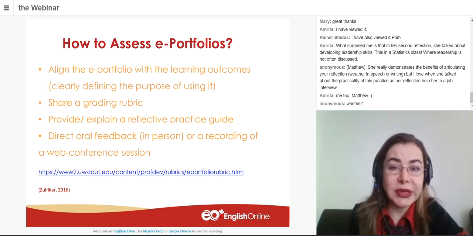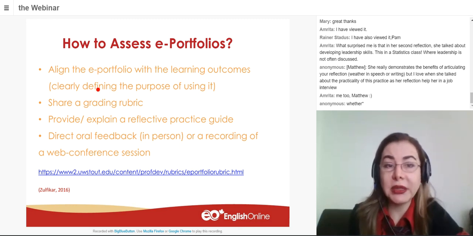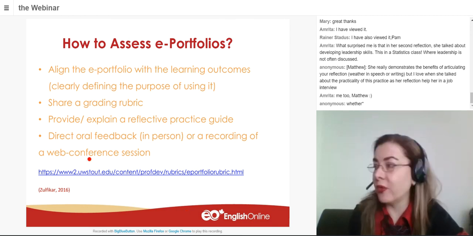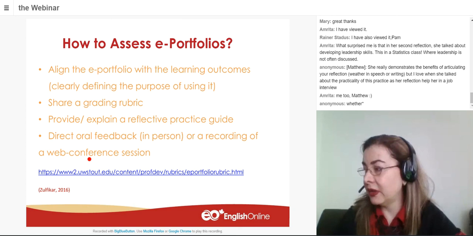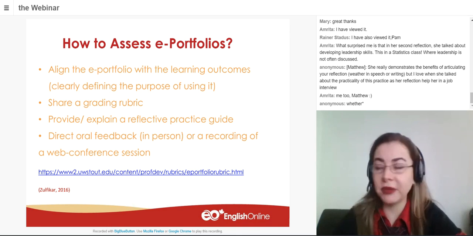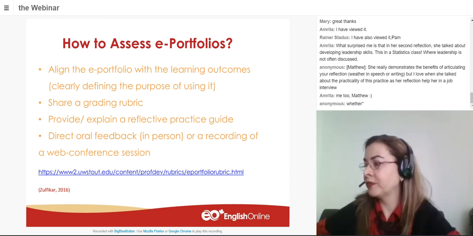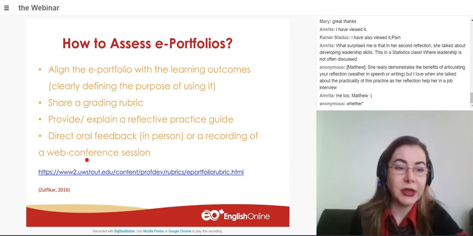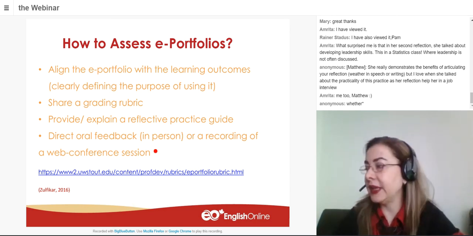No, it's integrated from the beginning with very clear purposes of using it. Sharing a grading rubric is important, and this link is for one rubric that I found interesting to use, that you can maybe get ideas from if you would like to click on it. It's specifically designed for assessing e-portfolios.